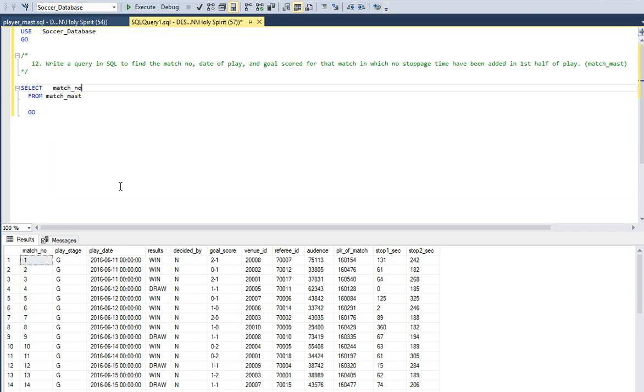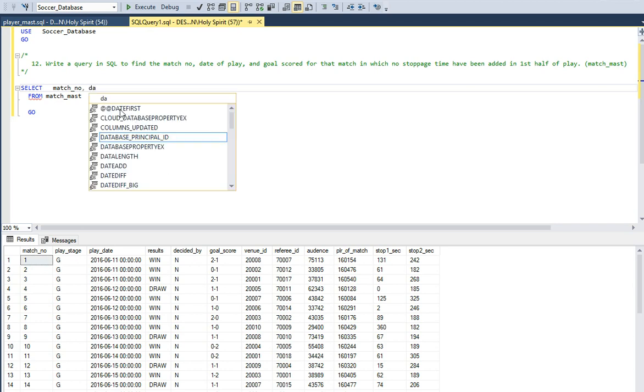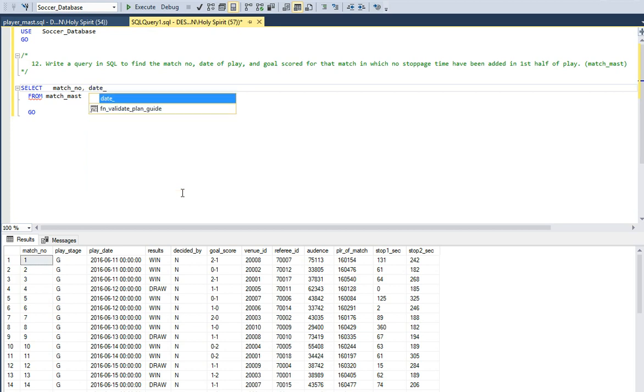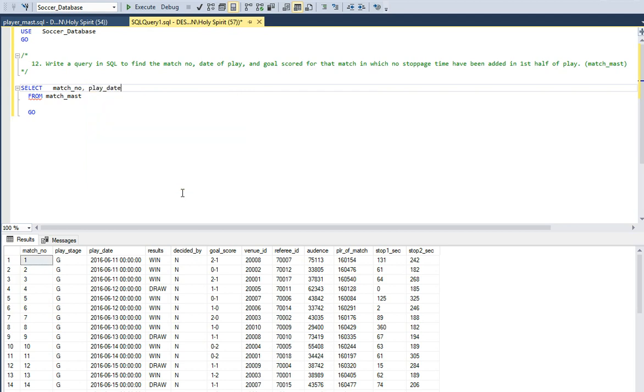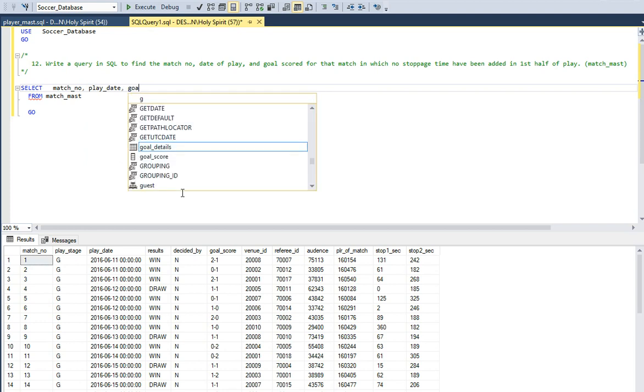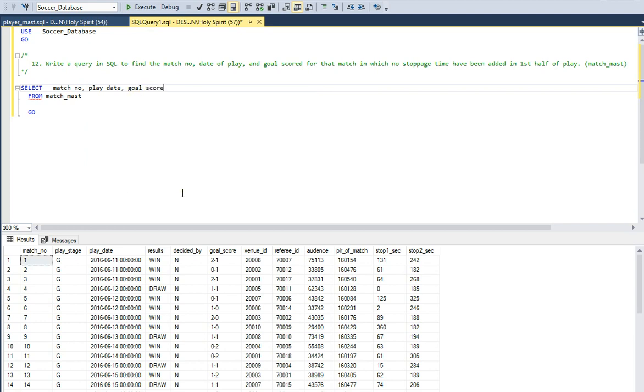The next one is play date, and the next one is goal scored for the match.